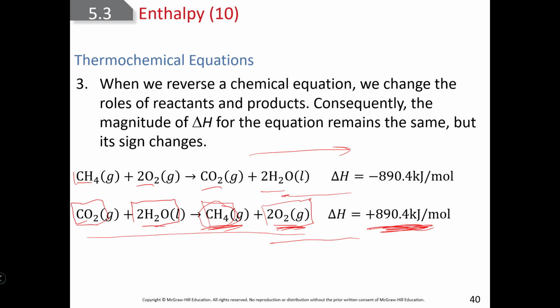So now if I take the methane out of the ground and I burn it in pure oxygen and I get carbon dioxide and water, that much energy has to be released. So it's just showing that if the forward reaction is negative 890, the reverse reaction has to be a positive 890. Again, why? Energy is not created or destroyed, right? And so if the forward reaction is exothermic, then the reverse reaction has to be endothermic.